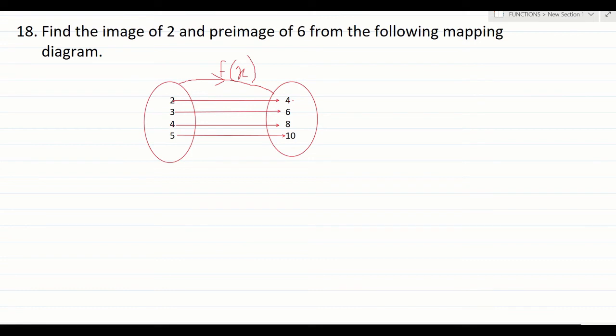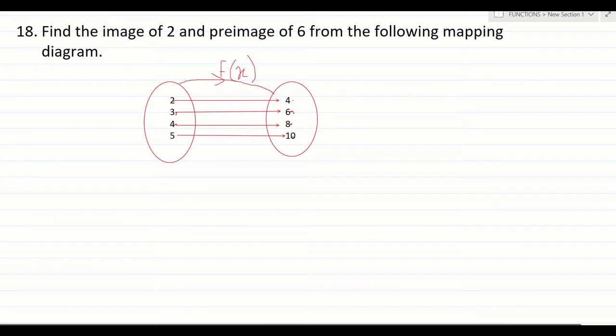Similarly, can you say what is the image of 4? The image of 4 is 8 because 4 is related to 8. Is this clear? Similarly, the question asks to find the pre-image of 6. 6 is over here and 6 is related to 3. So we say the pre-image of 6 is 3.